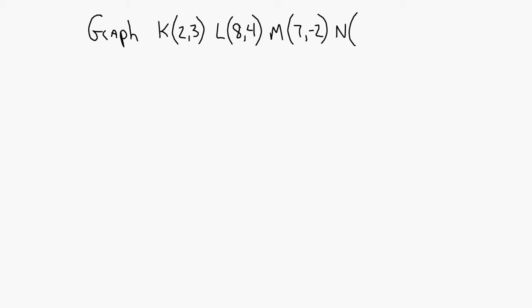Let's see, we got K is at 2, 3. L is at 8, 4. M is at 7, negative 2. And N is at 1, negative 3. Here's what you're going to be asked to do. Graph the quadrilateral. Determine whether the quadrilateral is a parallelogram. Justify your answer using the slope formula.